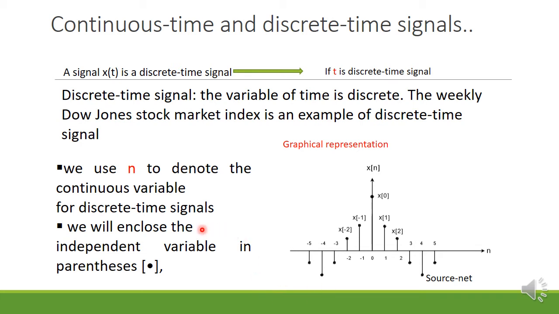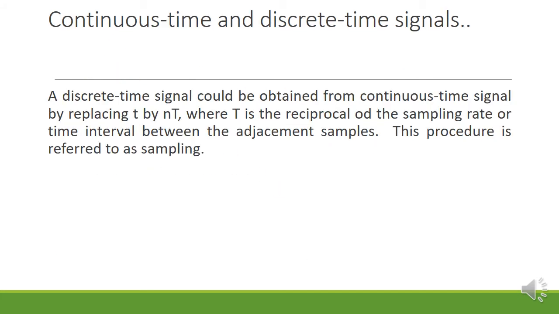Another point to remember: a discrete time signal can be obtained from the continuous time signal by replacing t by nT, where T is the reciprocal of the sampling rate, or the time interval between the adjacent samples.